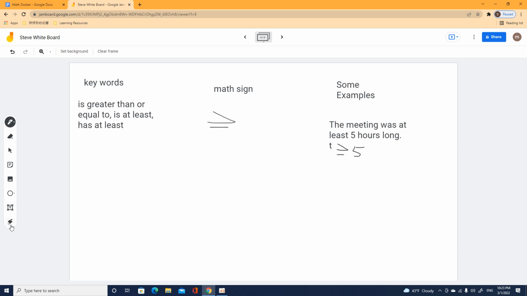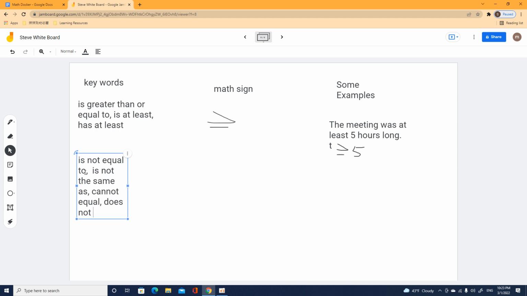The last one is about the not equal sign. When you see the keywords such as is not equal to, is not the same as, cannot equal, does not equal.